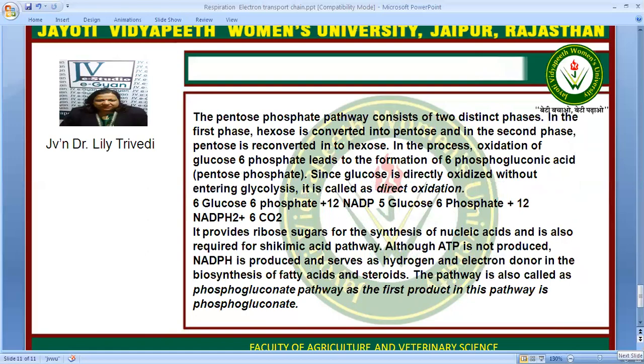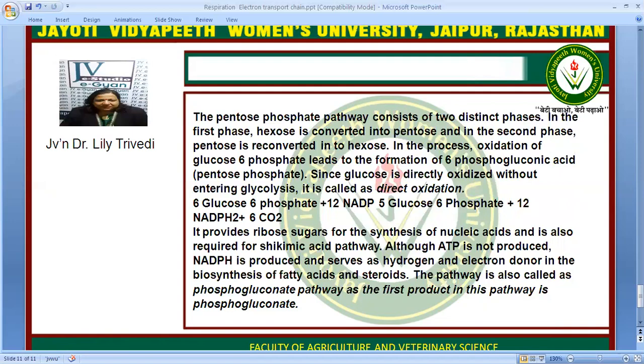In the first phase, the hexose is converted into pentose, and in the second phase, pentose is reconverted to hexose. In this process, the oxidation of glucose 6-phosphate leads to the formation of 6-phosphogluconic acid. Since glucose is directly oxidized without entering glycolysis, this is also called direct oxidation.